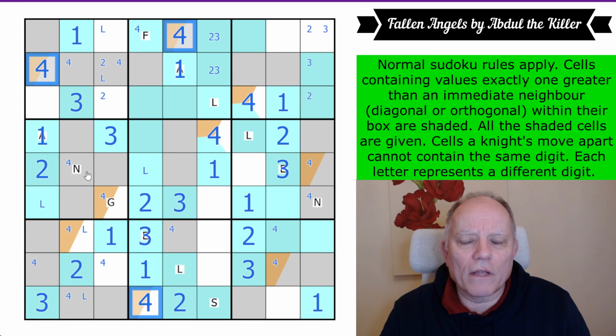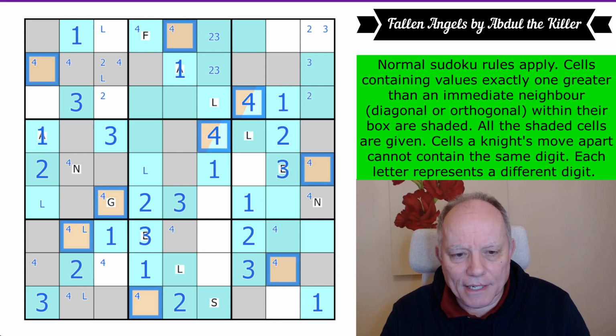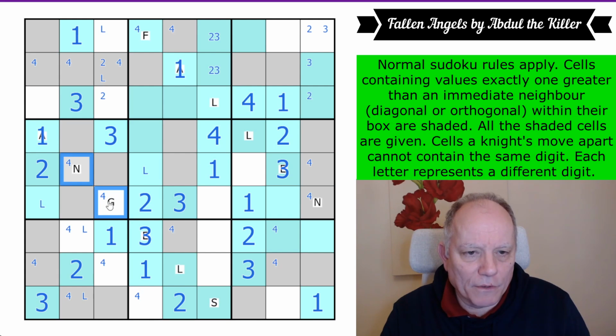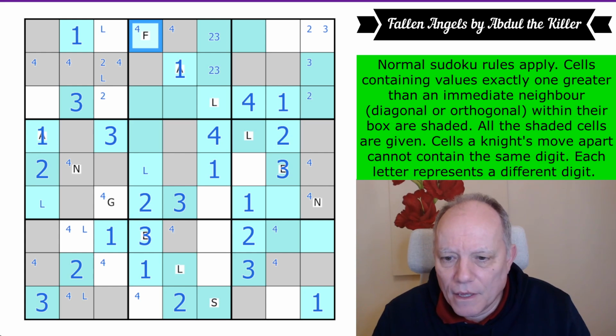Oh, look. Okay. I'm so sorry. I'm so slow here. The really simple way to do that is not to do complicated flashing shading. It's to say 4 is either N or G, so it's not F. Total numptitude. Right, sorry about that. Anyway, there's 4, so that's not 4.